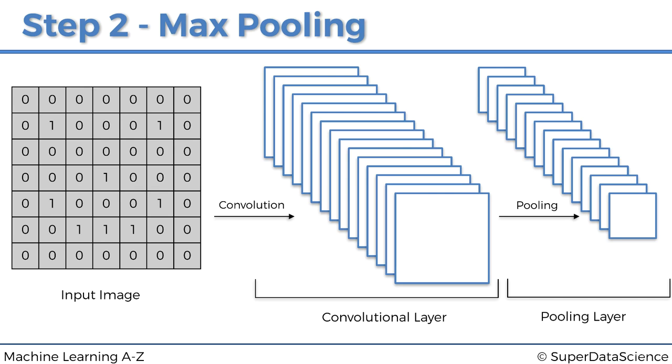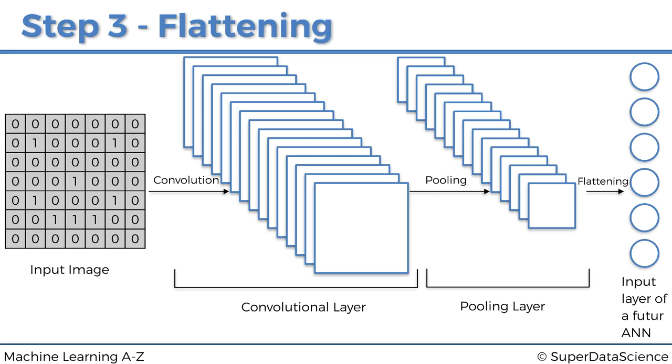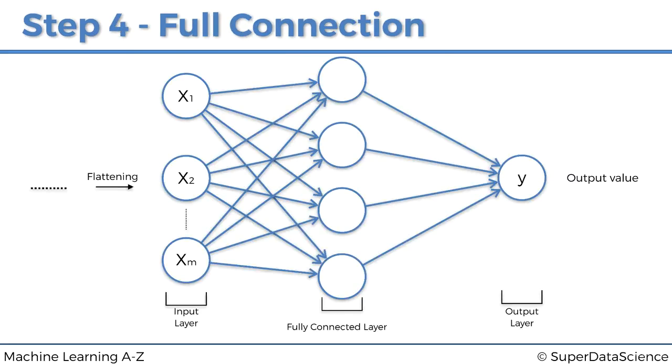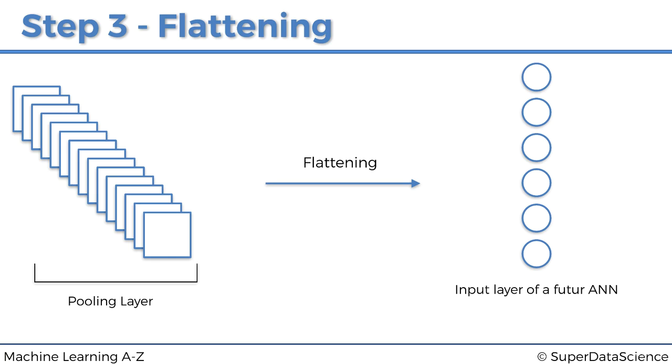Alright, and why do we do this? Why do we apply this max pooling step? It's because we want to reduce the number of nodes we'll get in the next step, that is the flattening step and then the full connection step. Because in these next steps, basically what we'll get is all the cells of our feature maps flattened in one huge one-dimensional vector.